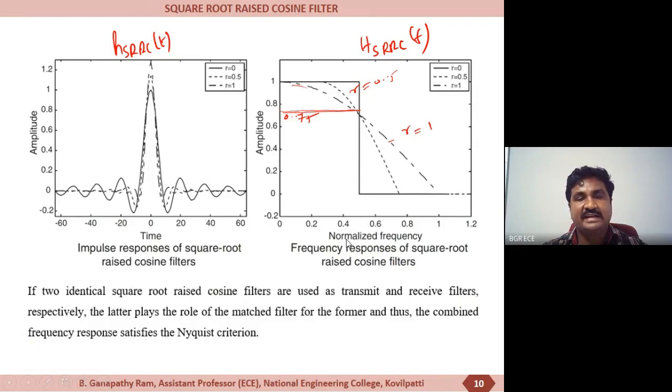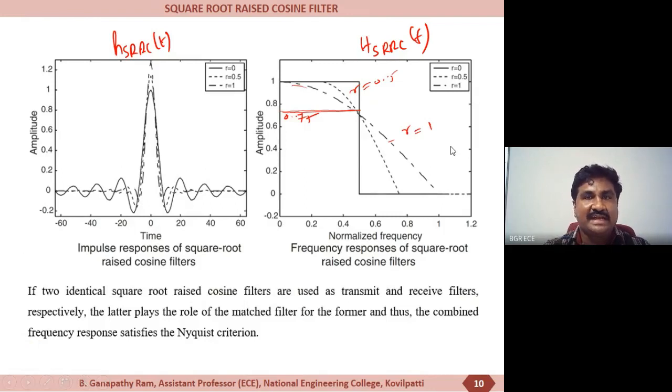If two identical SRRC filters are used at transmit and receive filters respectively, then the SRRC filter at the transmitter is doing the pulse shaping, and the SRRC filter used at the receiving end as a receiver filter will do the matched filtering purpose, and the combined frequency response satisfies the Nyquist criterion.